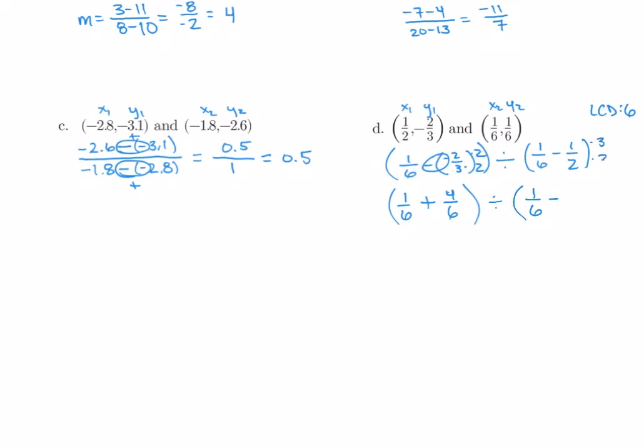This one we can multiply by 3, so we get minus 3/6. All right, if we simplify, 1 plus 4 is 5 over 6 divided by 1 minus 3 is negative 2 over 6. I'm not going to simplify, I'm going to go ahead and do my division step next.